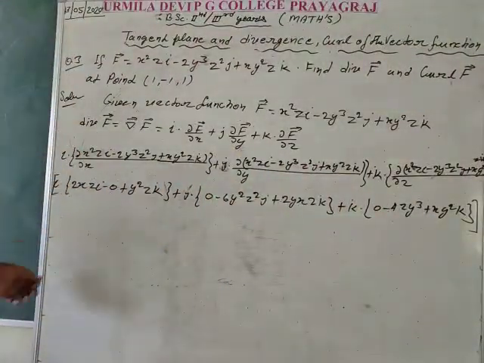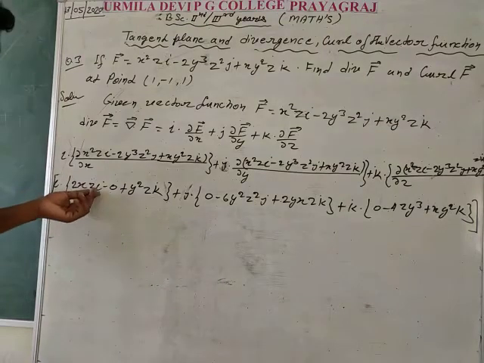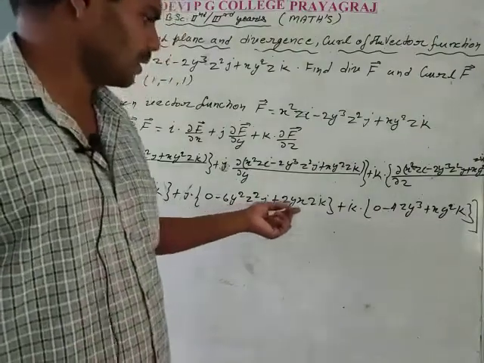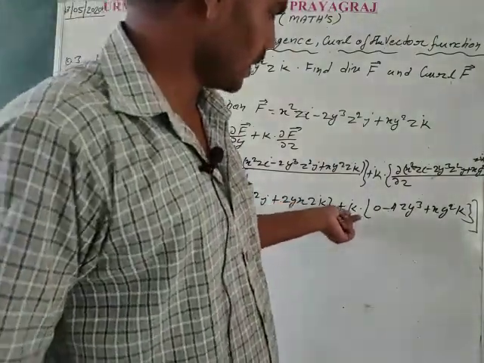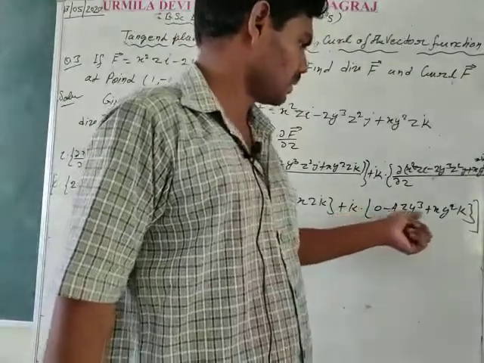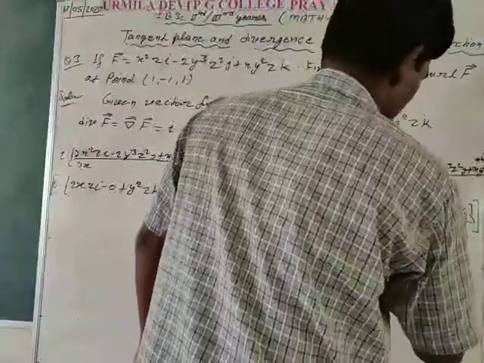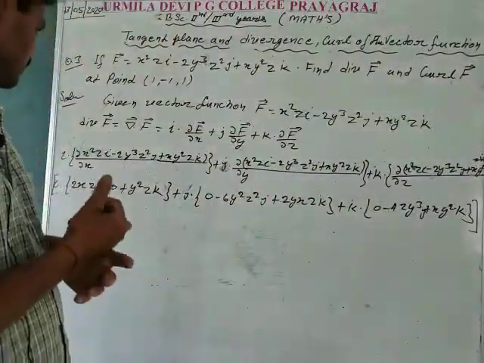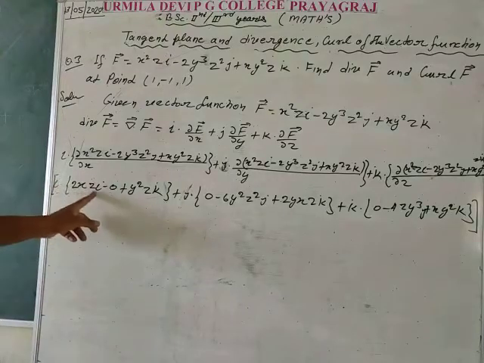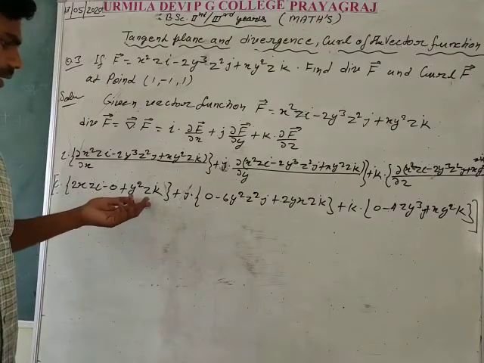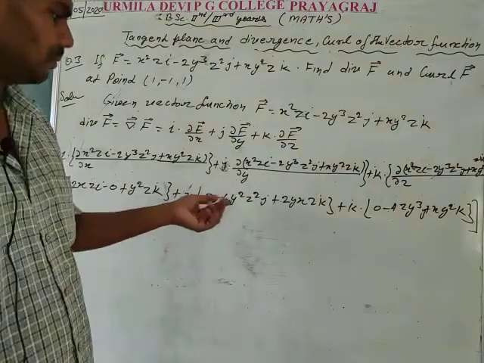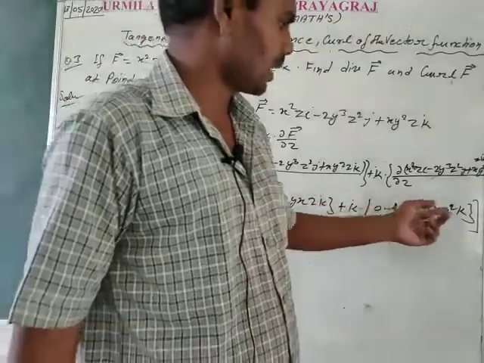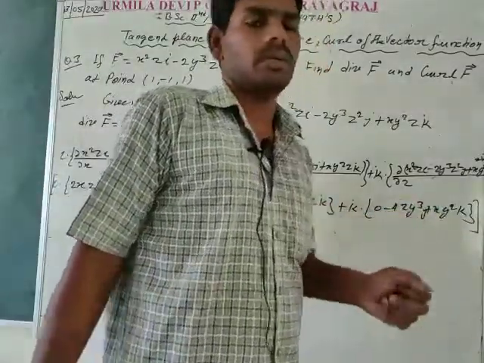Now taking the dot product of i with i, j with j, and at last taking the dot product of k with k. By the rules of dot product of vectors, the dot product of i with i will exist and the others will be equal to 0, and j with j will exist and others will be 0, and k with k will exist and others will be 0.